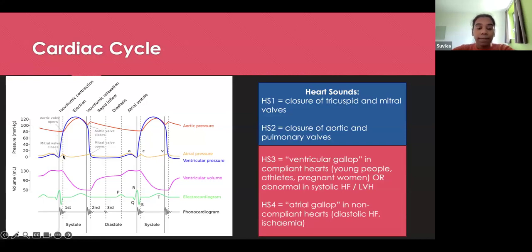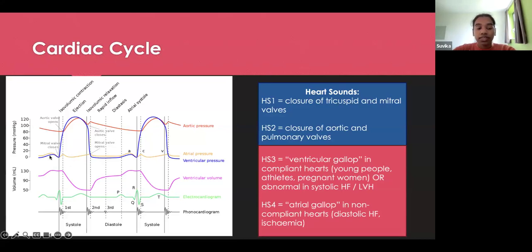Just think about what pressure is greater at that point. So in this case, the ventricular pressure is going to be greater than the atrial pressure, hence why the valve is closing. And then it reopens when the atrial pressure is now greater than the ventricular pressure.